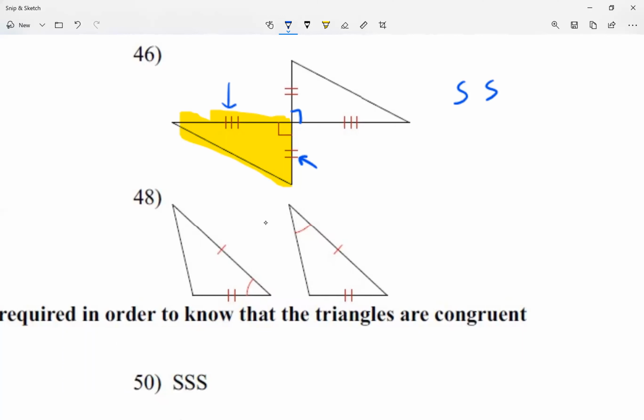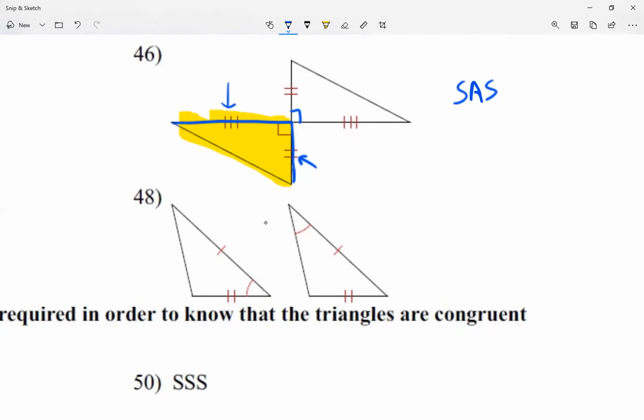Now I see an angle. My question is, is that the included angle? The included angle is basically the corner where the two sides that I have marked meet. I have this side and this side. In this case, yeah, that's what it is.